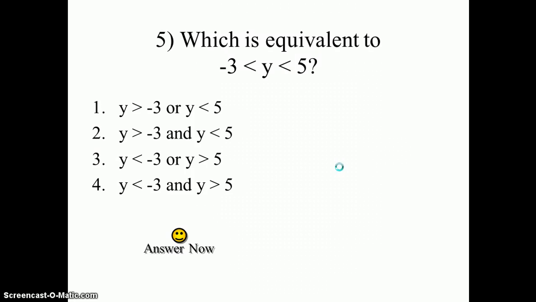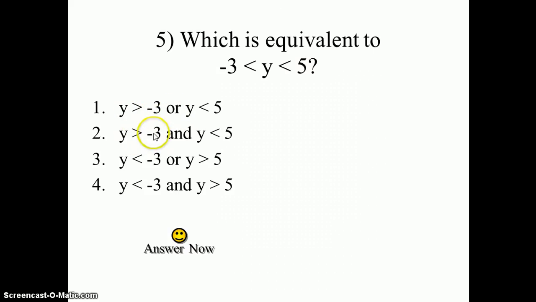Alright, so which is equivalent? Okay, we just talked about this. This is a different way to write negative 3 is less than y, and y is less than 5. Or you could say, if you read it backwards, y is greater than negative 3, and y is less than 5. This is not an "or" statement.